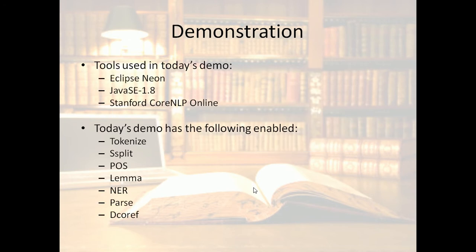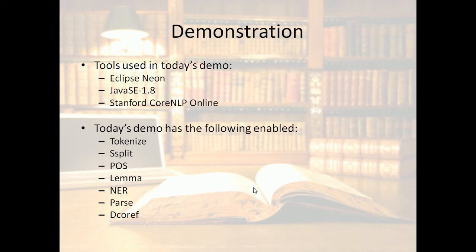Okay, so in our demo, we will be using the following tools: Eclipse Neon, which is my favorite tool to use right now, using Java, and then we also have the Java code. After this demo, I will demo the Stanford CoreNLP online tool.